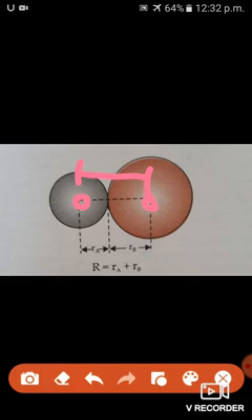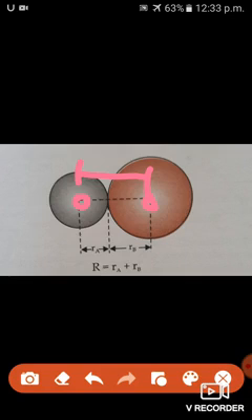Is it clear now? We can say that it is represented by capital R, so capital R is equal to r A plus r B. Here capital R is the bond length and small r A and r B are the covalent radii of the atoms A and B respectively.